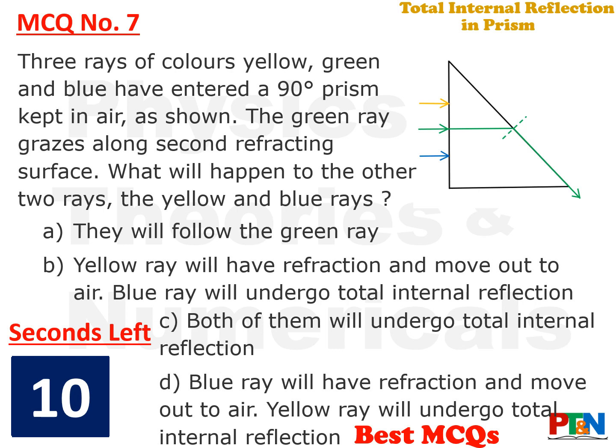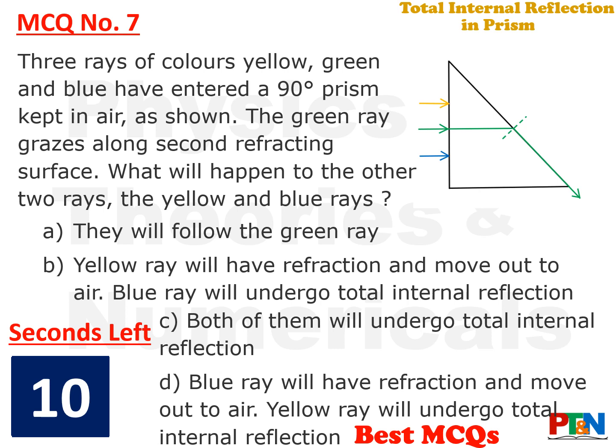Next MCQ. Three rays of different colors, yellow, green and blue, have entered a 90-degree prism kept in air as shown. The green ray, the middle one, grazes along the second refracting surface. That means it is creating the critical angle. What will happen to the other two rays, the yellow and blue rays? Four options.